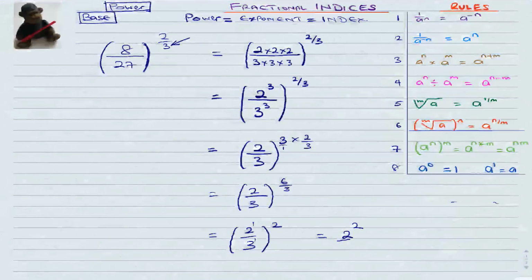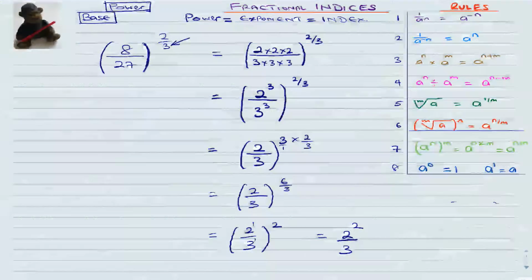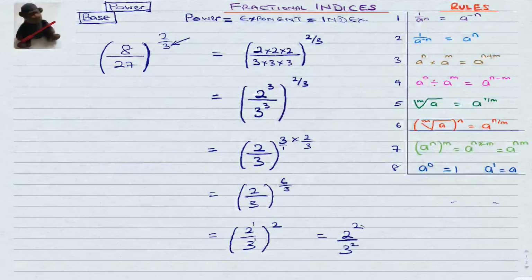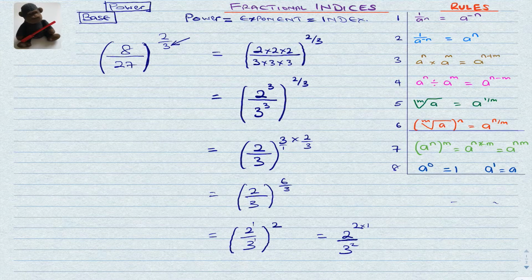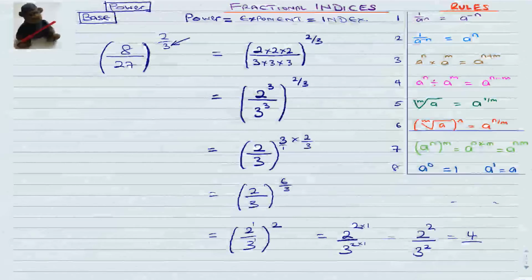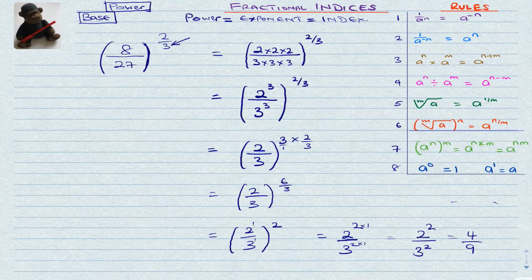And then I'll multiply the denominator, which has a power of 1, by the 2 again from the outside coming in. So let me just put it this way, 2 times 1 and 2 times 1. So that will become 2 to the power of 2 over 3 to the power of 2, which is 4 over 9. So the answer is 4 over 9.